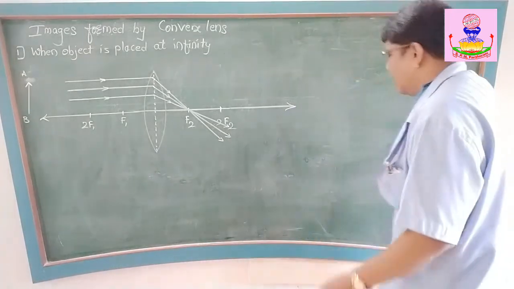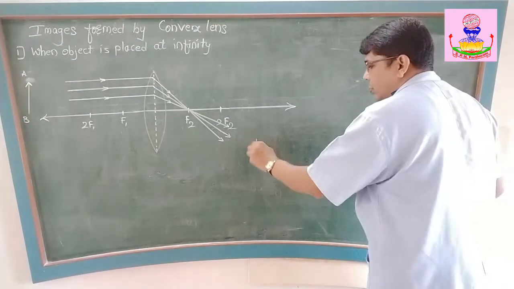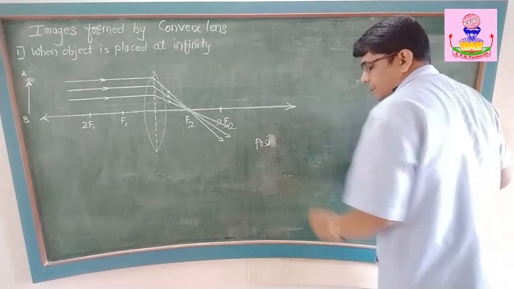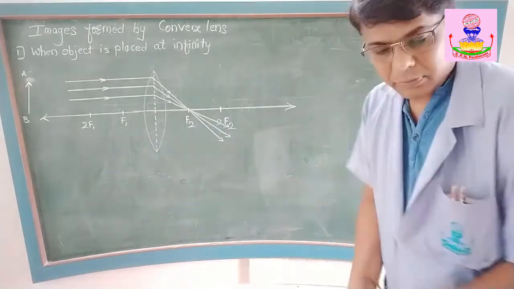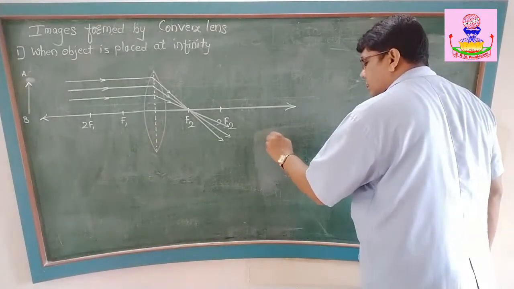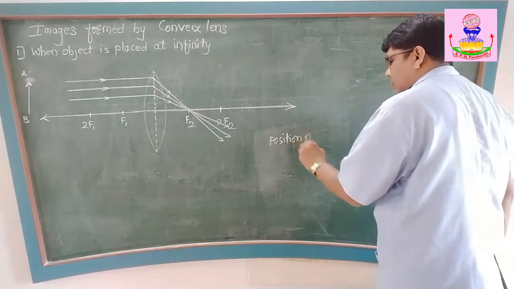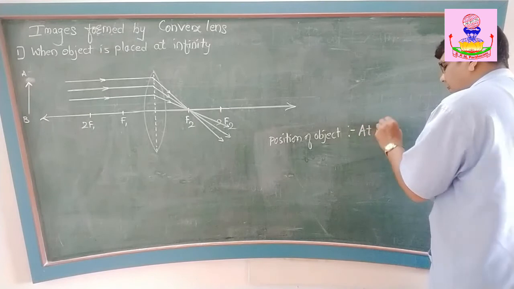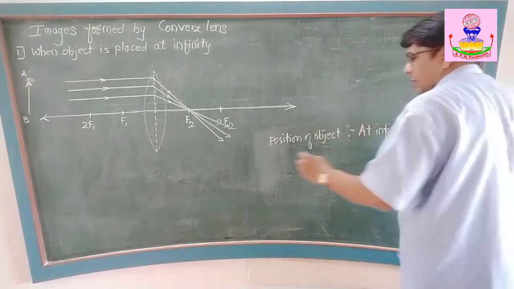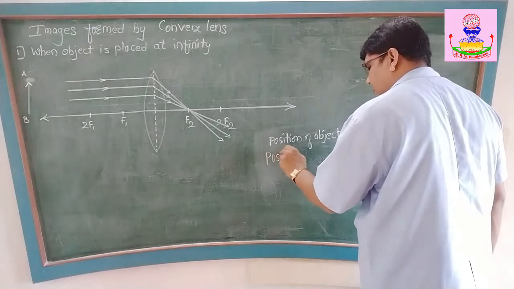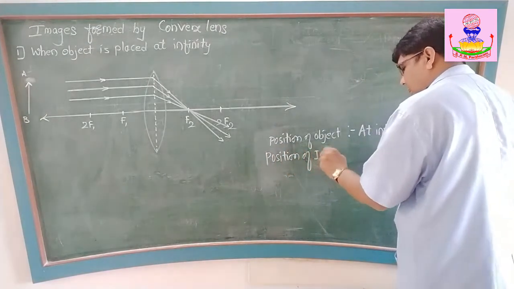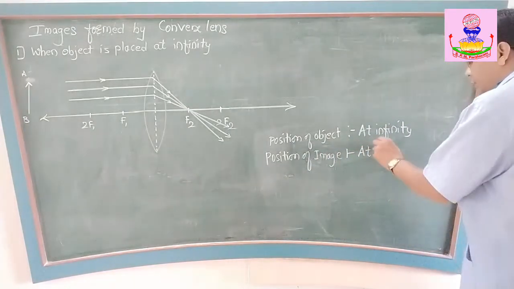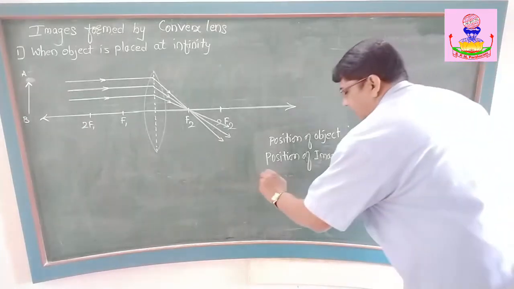Okay, so here we can write all the necessary requirements. Position of object: at infinity. Position of image: at f2. Size of image.